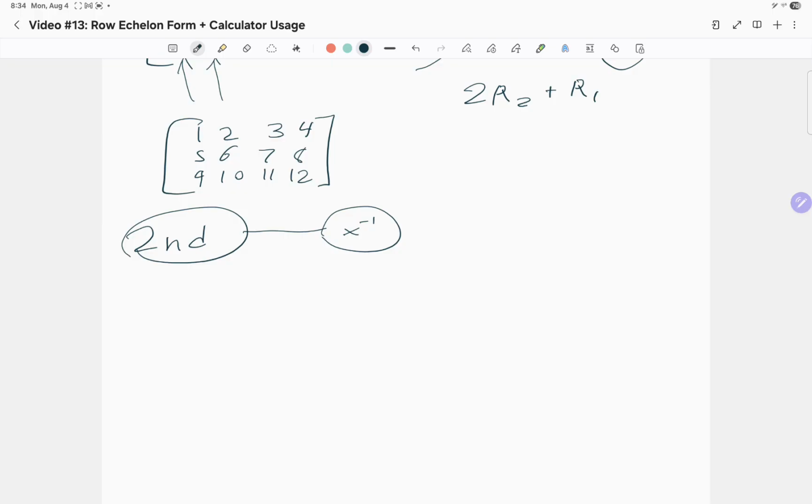I press the blue second button, and the little text above the x inverse button says matrix. So I click on that, and now I get to a list of potential matrices that I can slot here. From A to Z, I'm assuming here. A to J, I lied. So I'm going to pick A here because that's the easiest.